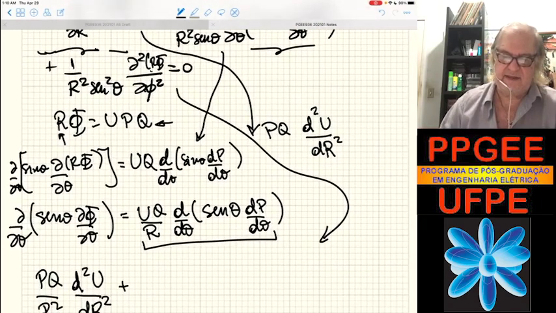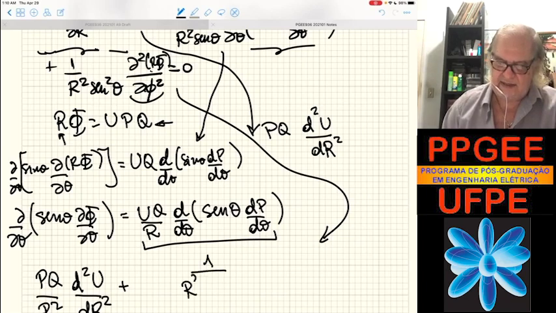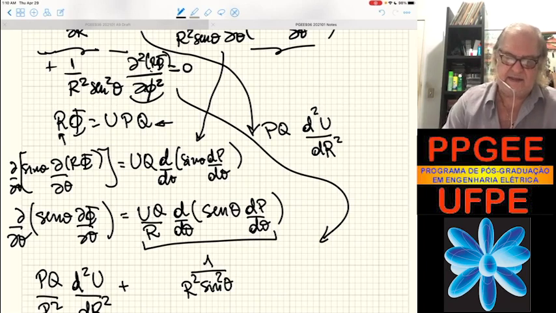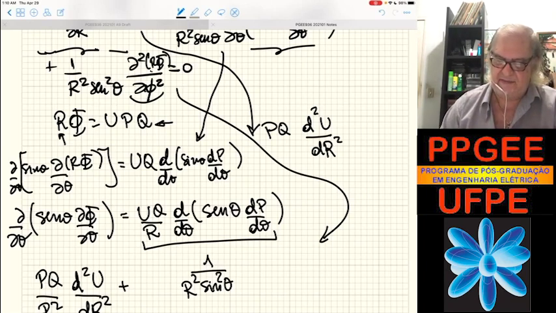Sorry for the mess. This thing is 1 over r squared sine squared theta. I forgot also in the previous one, but let's do that. Second derivative of u p, second derivative of Q relative to phi.